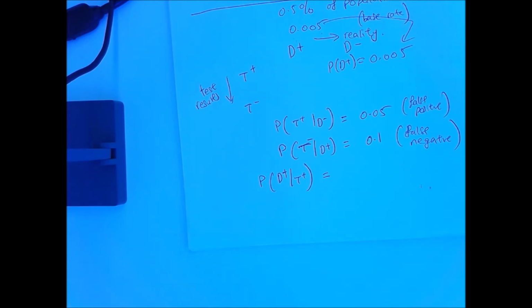The complement of T plus is T minus. So what you're writing is the probability of T minus given D minus is 0.95.